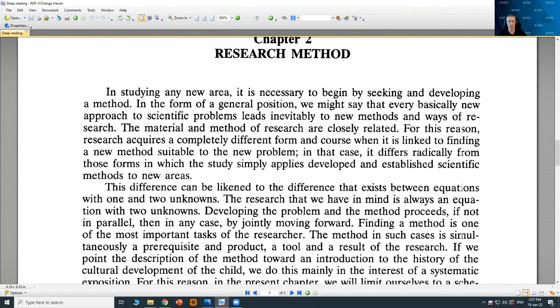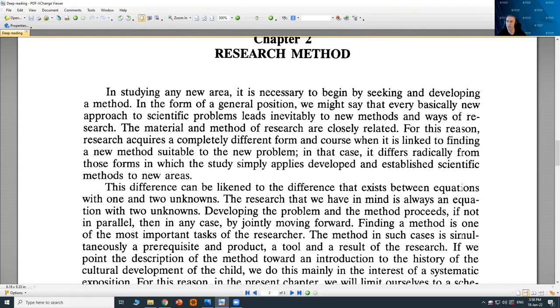And what are these two approaches of doing a research? Do you see something here? One is just using old methods on the new problem. Yes, and the other is, because he says it's a study which simply applies developed and established scientific methods to new areas. Thank you, Judy. And the second?